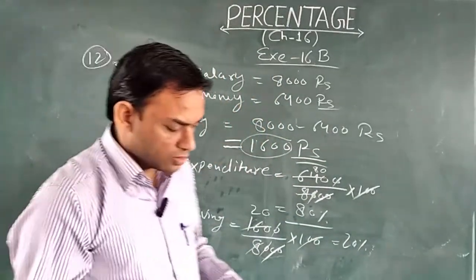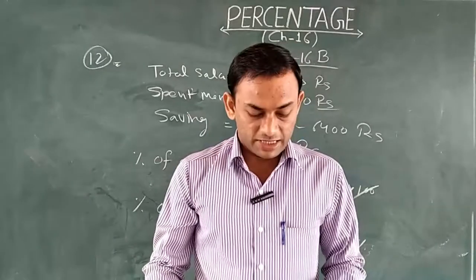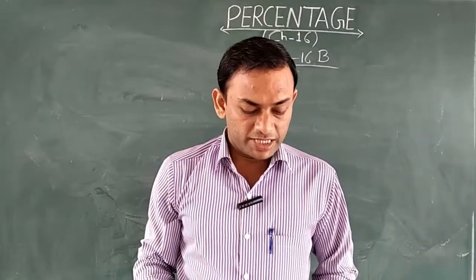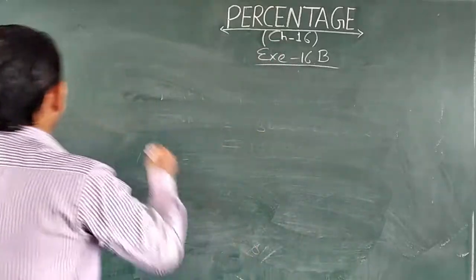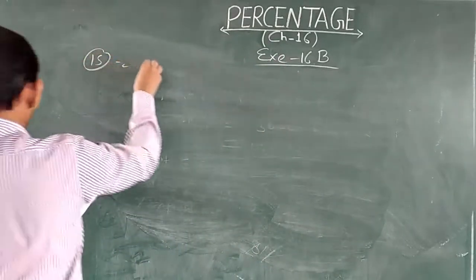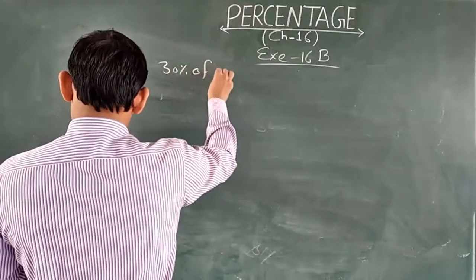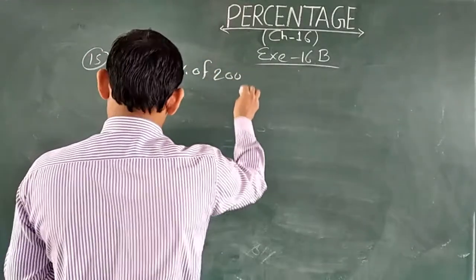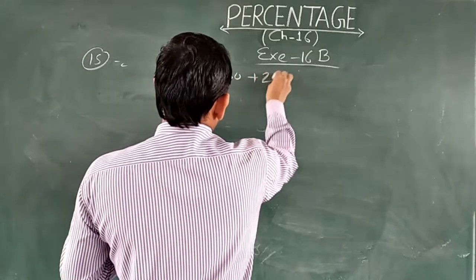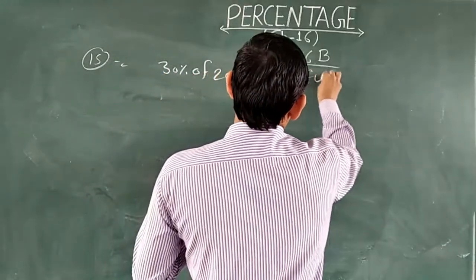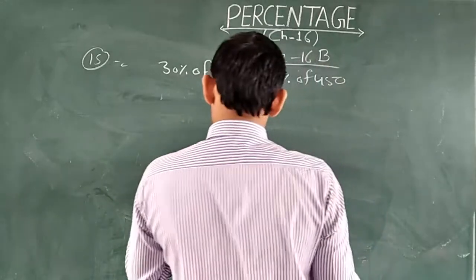Got it? Now the question number 15, that is the last question I am just going to tell you. In question number 15, one equation is given that we have to solve. 30% of 200 plus 20% of 450 rupees.